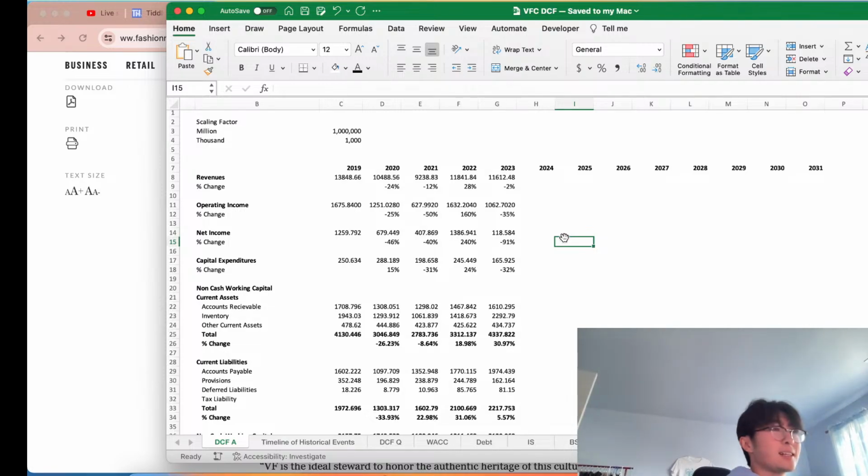So let's take a look. How the hell do we forecast these cash flows? The length of the extraordinary growth period.